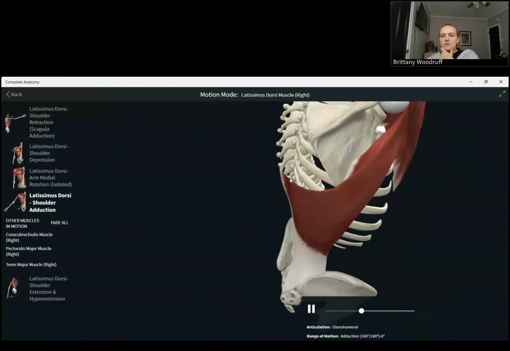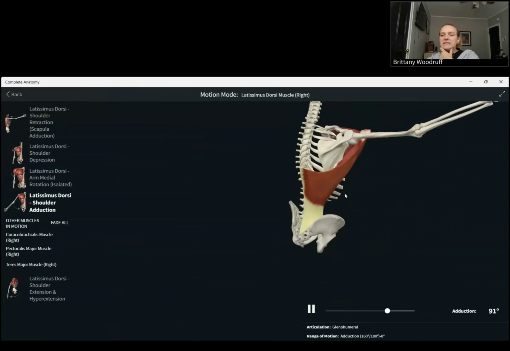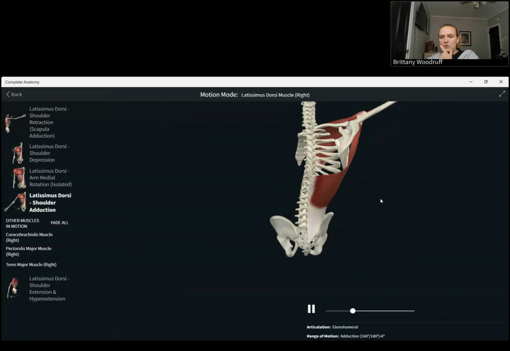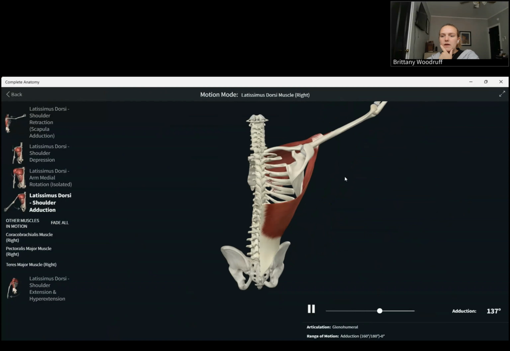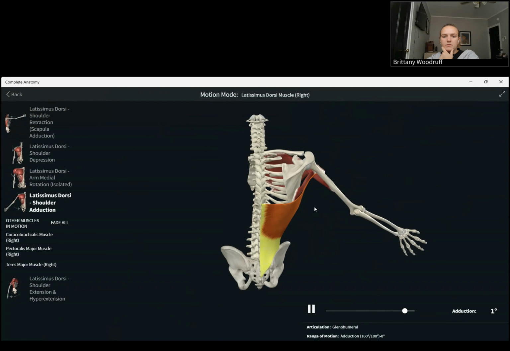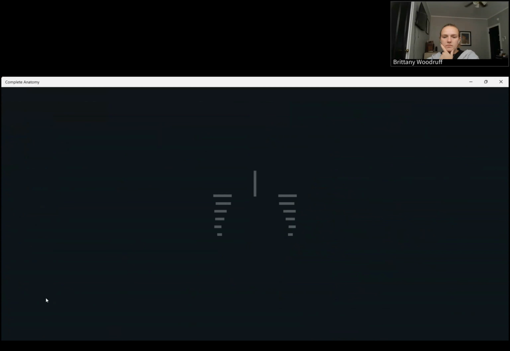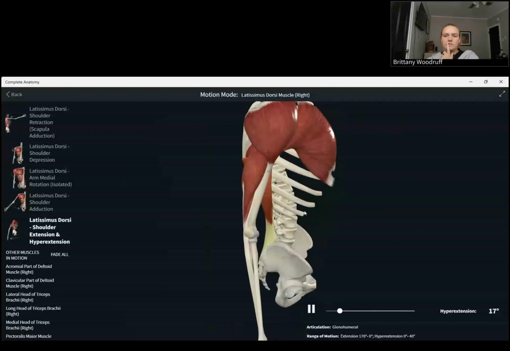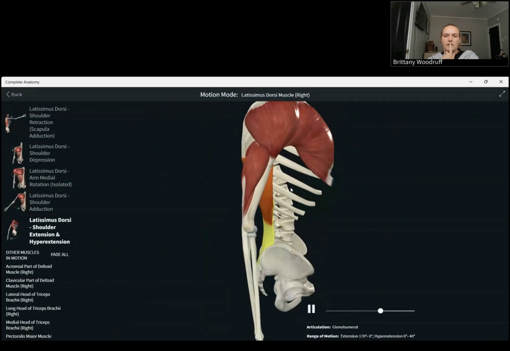That allows you to adduct the shoulder, bringing that arm back down and in, as well as pull that arm backwards. So pulling that shoulder backwards like this.